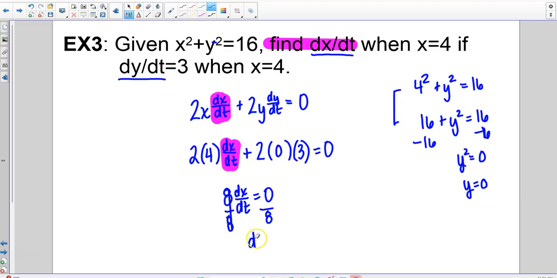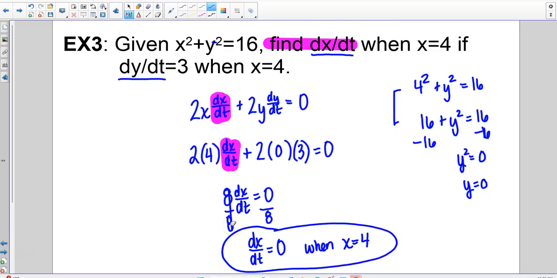And so dx dt is 0. And I think it's a good idea to put when x equals 4. Right there. I don't like 0 to be the answer, especially in something like this, but it is. So it's okay. 0 is a number. It's not undefined or anything. There. All right.